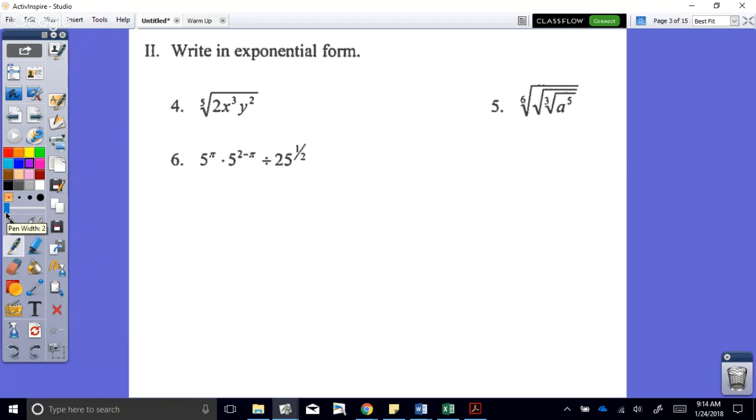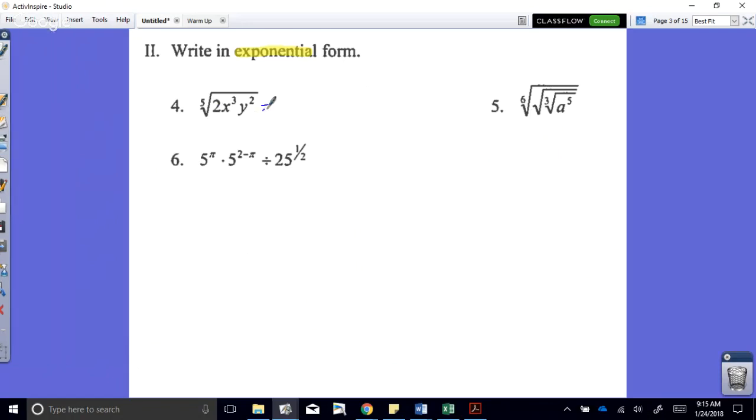Okay, the next 3, if you look at the directions, they ask us to write in exponential form. So we're not going to have radicals in our answers. We're going to leave things in terms of exponents. So I'm going to look at this first one. I can put a 2 to the first. And we're just going to take this index, and we said it's going to become the denominator of all of these fractional exponents.